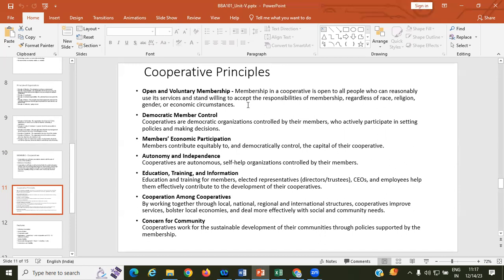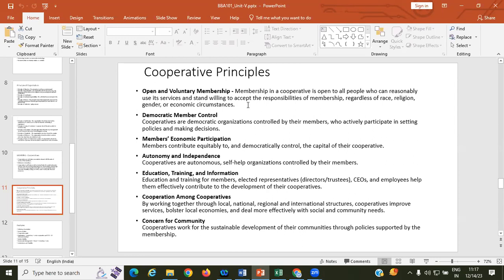That is why members' contribution is economic participation. So your participation is always economically sound.